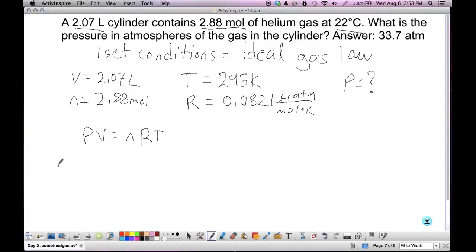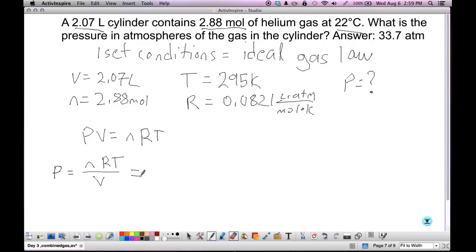And here I'm going to solve for pressure. So that's pressure is nRT over V. I got that just by dividing both sides by V so I could isolate pressure by itself.